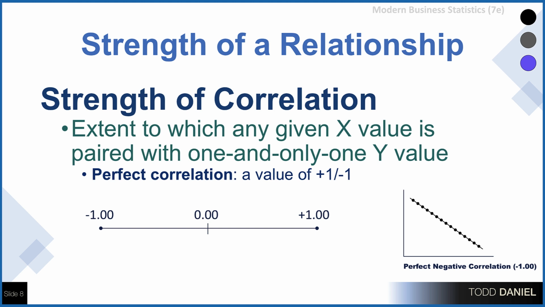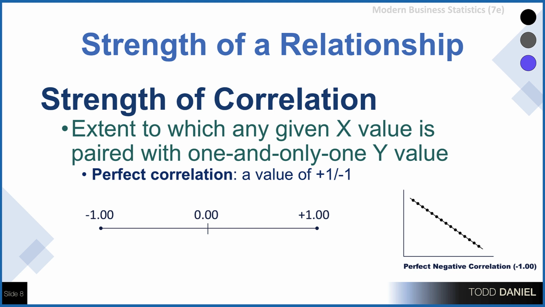We can also concern ourselves with the strength of the relationship or the strength of the correlation between the two variables. This is defined as the extent to which any given x value is paired with one and only one y value. When the relationship between two variables is perfect, then the correlation would have a value of either +1 or -1, and all of the dots would appear along a straight line.